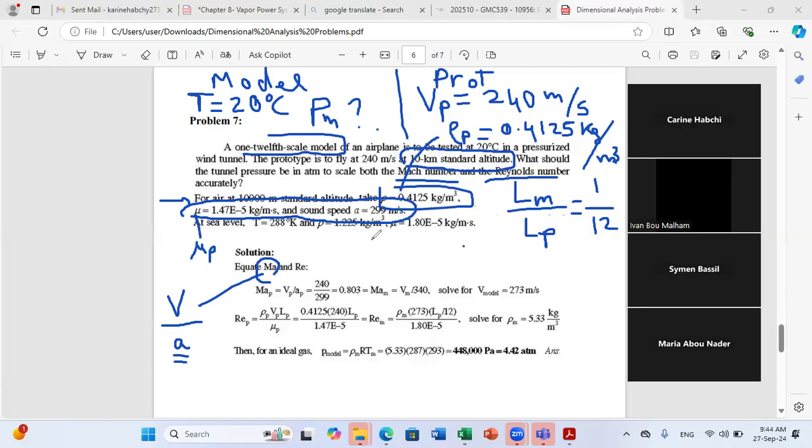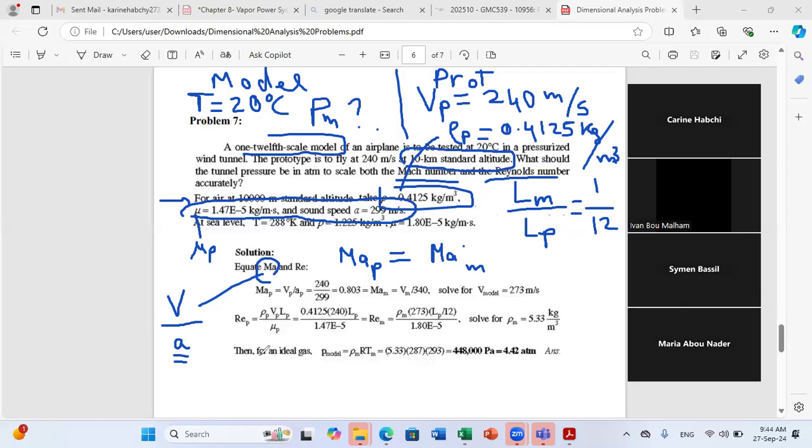So here we have to satisfy that the Mach number in the case of the prototype is equal to the Mach number in the case of the model. And we know by definition that the Mach number is the velocity of the fluid over the speed of sound in the given condition.